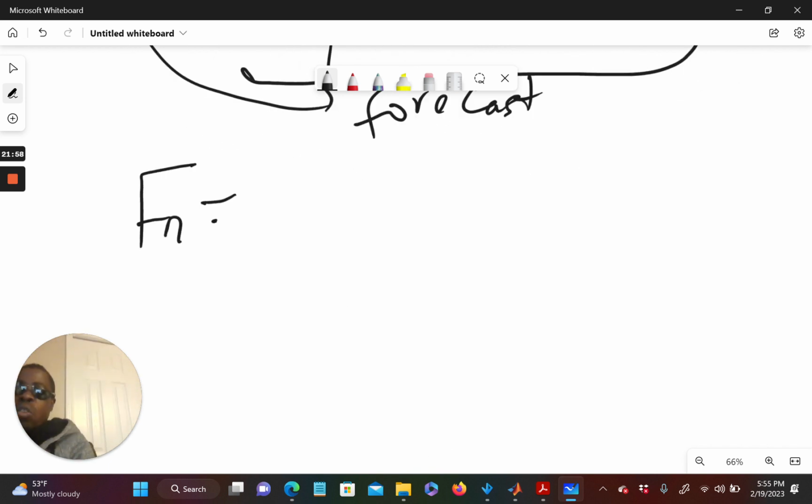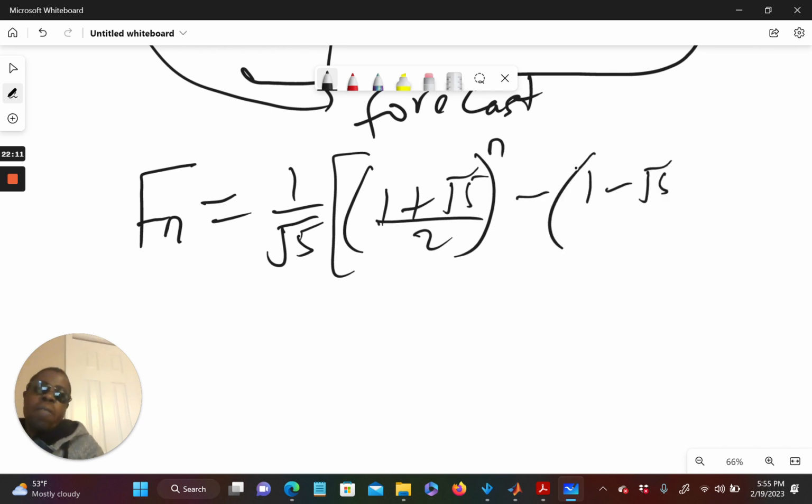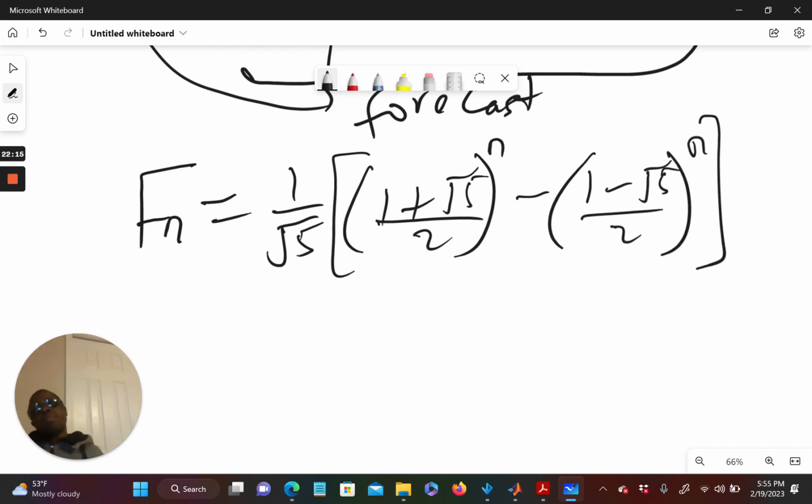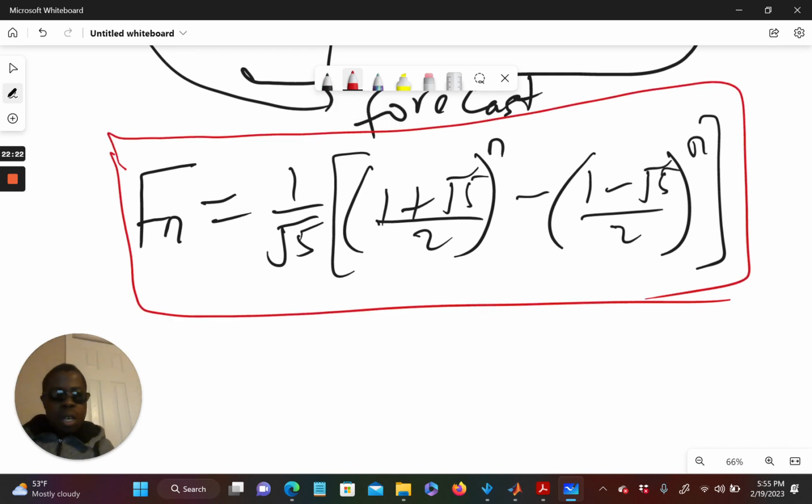Very nice solution. 1 over root 5 into 1 plus root 5, all of them over 2 raised to power n minus 1 minus root 5 over 2 raised to power n. Right, that is great. Now, let me turn over to MATLAB Windows and show you how that was coded in MATLAB.